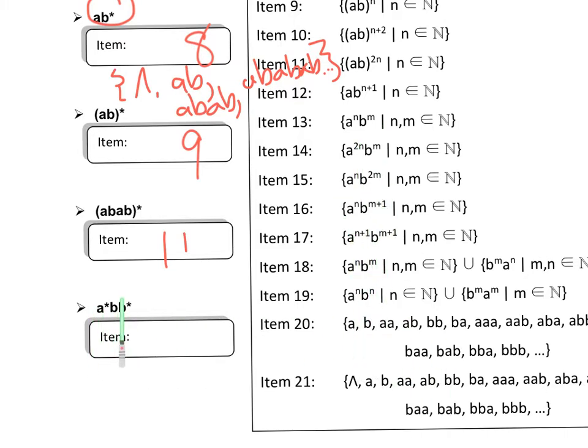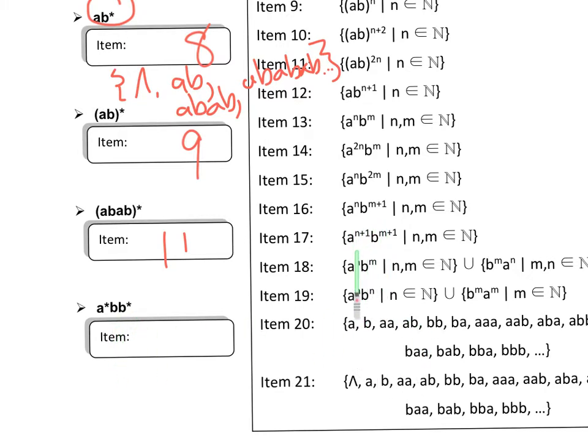But if you think about it, a B followed by 0 or more B's is the same as 1 or more B's. And it's A star, so it's going to be an A to the n in here. And the B has to have at least 1, so we have to start one more than 0.